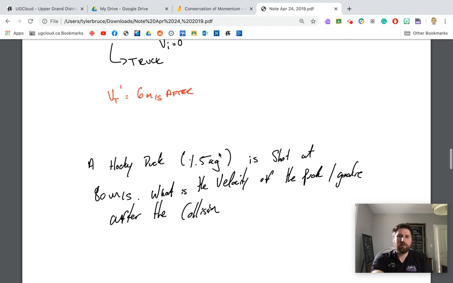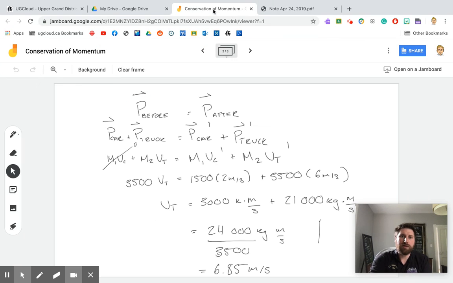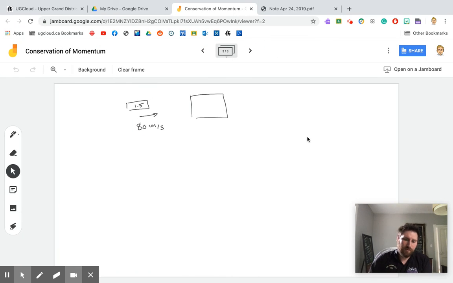So let's do this one question together. A hockey puck, which is 1.5 kilograms, is shot at 80 meters per second. What is the velocity of the puck and the goalie after the collision? So if I go back to my board here, we have this puck at 1.5 kilograms going towards the goalie.